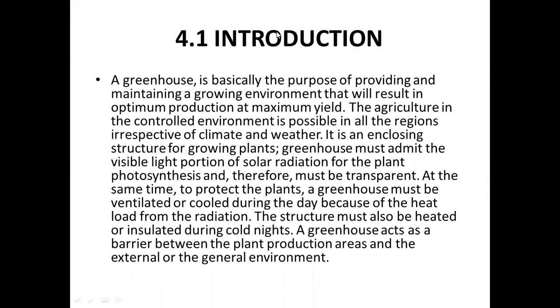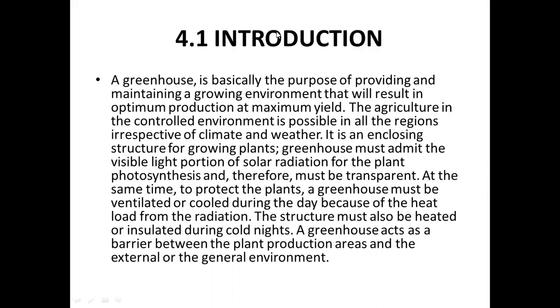So the greenhouse is an air or environment controlled house in which climate and weather are controlled according to the plant production, as suitable to the plants. Also the solar radiation is attracted towards the plants. The roof coverings are transparent, so as to get the maximum sunlight and carry out the photosynthesis process properly.